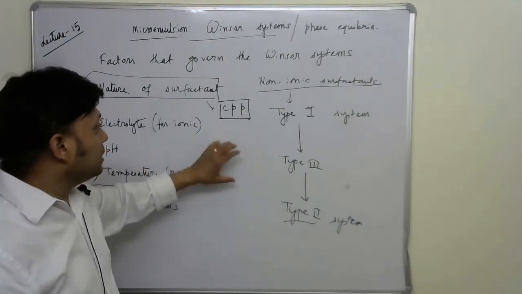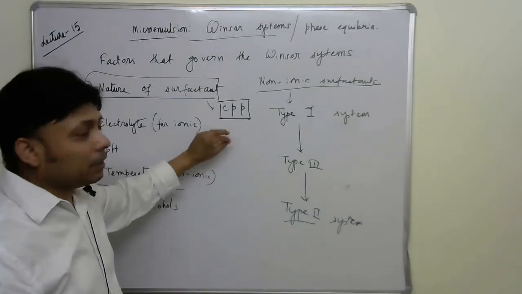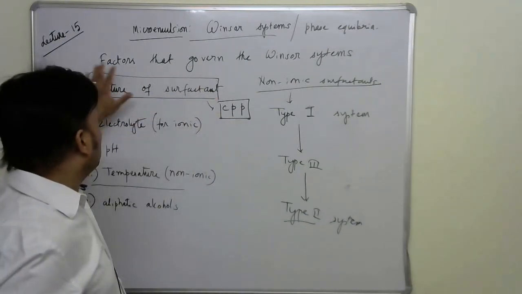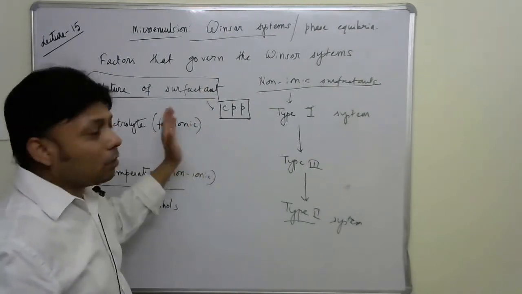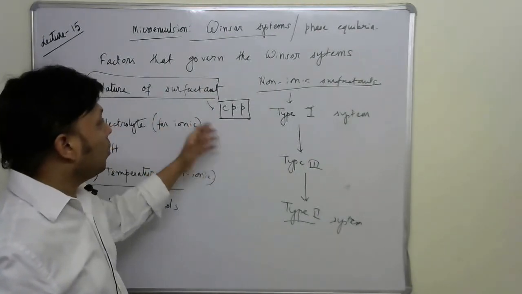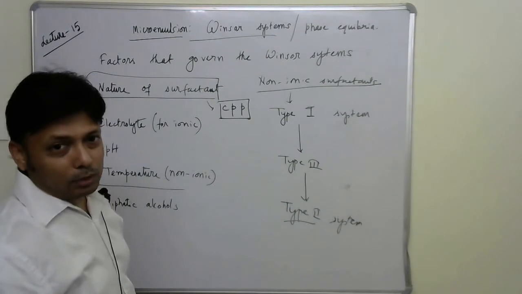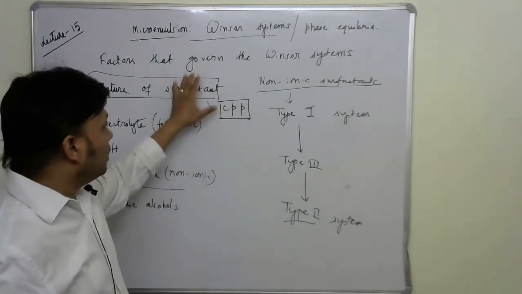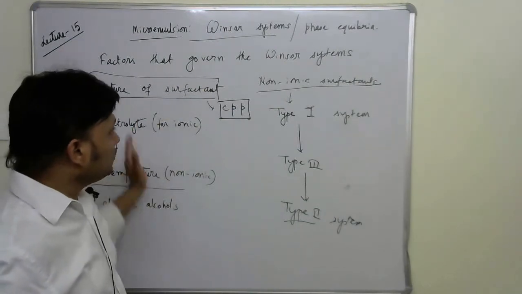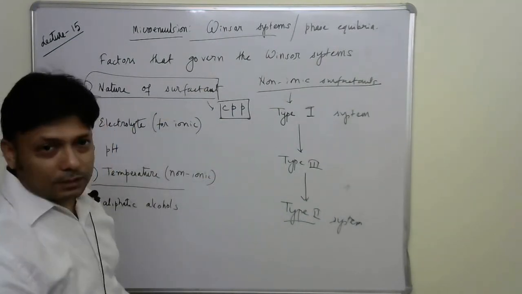So next we will see how this critical packing parameter would dictate whether we will have a water in oil microemulsion or an oil in water microemulsion. And that would also, in a way, dictate the Windsor systems.